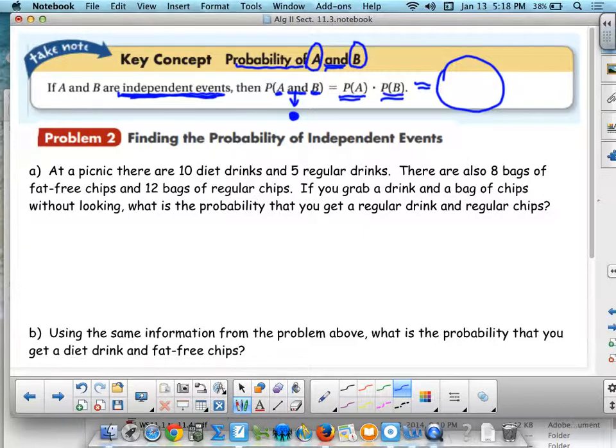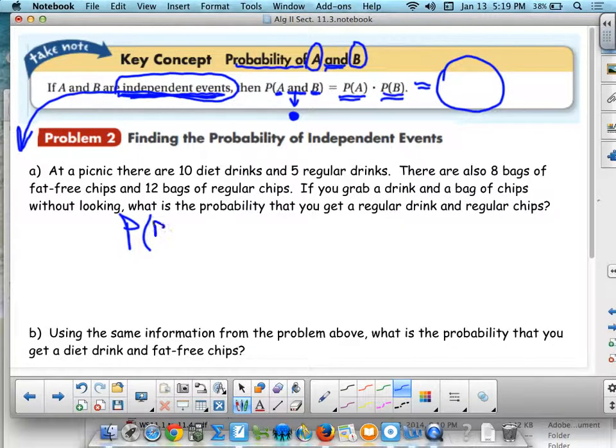Okay, these two problems going down are independent events. It says, at a picnic there are 10 diet drinks and 5 regular drinks. There are also 8 bags of fat-free chips and 12 bags of regular chips. If you grab a drink and a bag of chips without looking, what is the probability that you get a regular drink and regular chips? Well, first of all, let's just write this down.